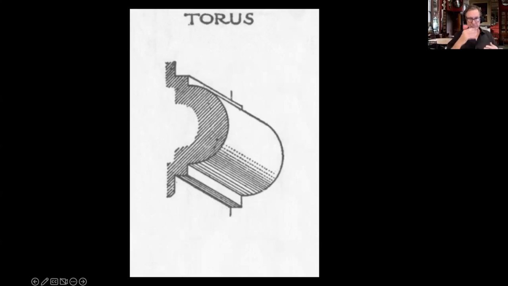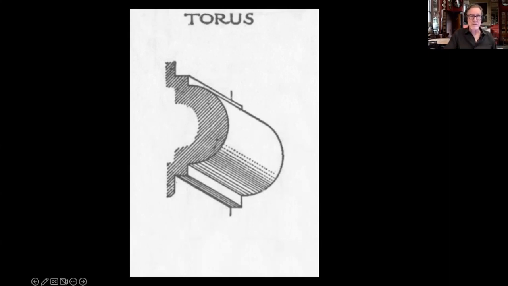It's almost as if the wall or the column above is pressing down on a soft material and it's squishing out. And that's one really useful way to think of the torus, as something that's sending us a message about the bearing of weight from above.